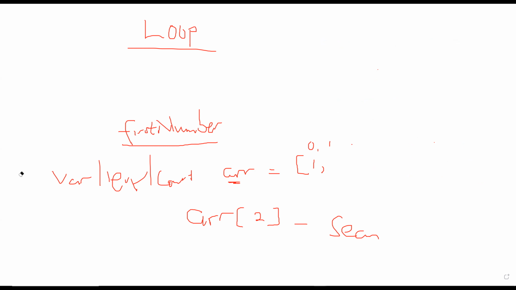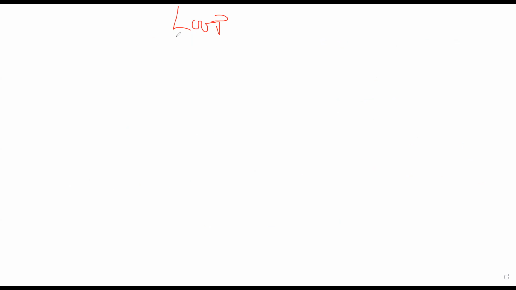We have different types of loops. We have what we call the for loop, the while loop, the do while loop.